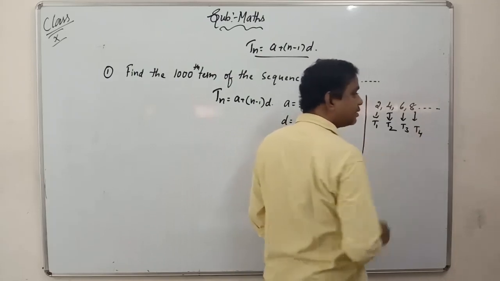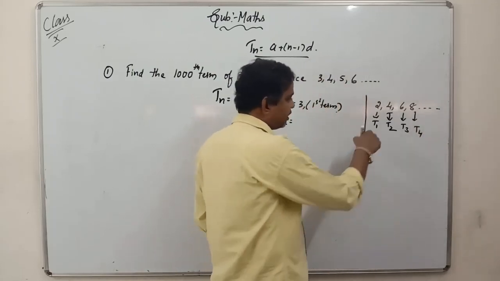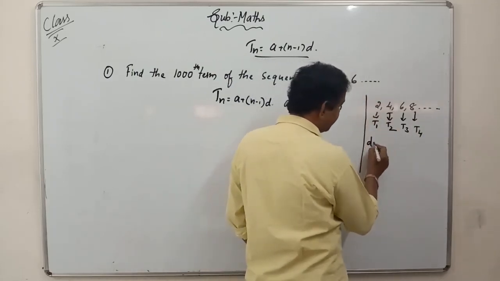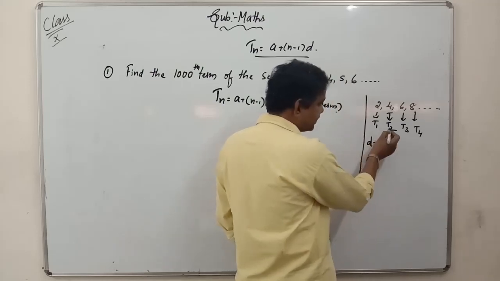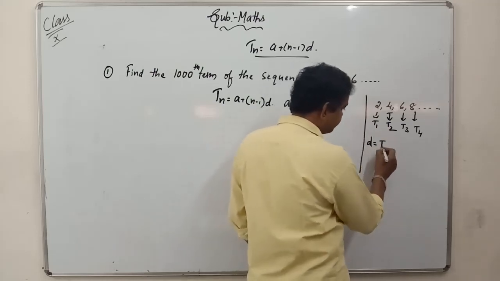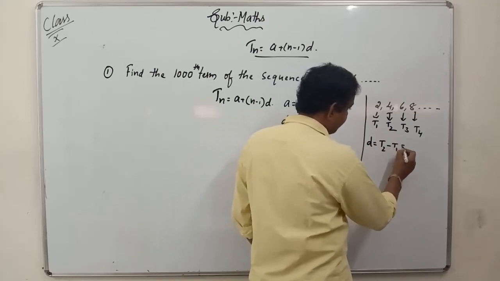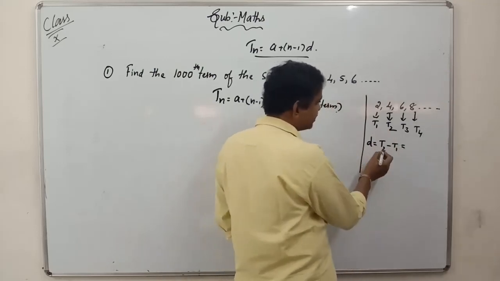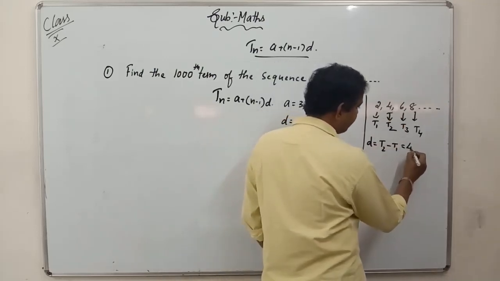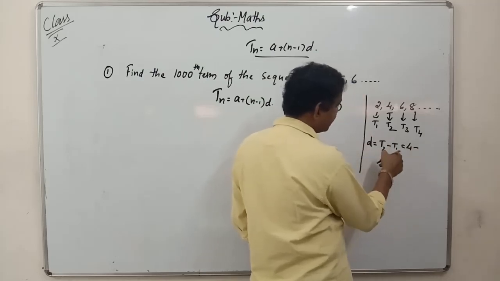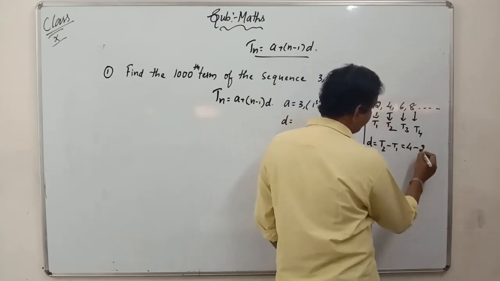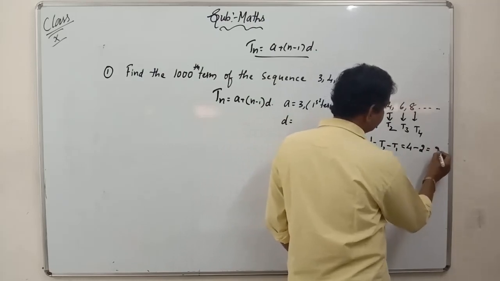See how we will get d here. d equals T2 minus T1. What is T2? T2 is 4. Minus, what is T1? T1 is 2. 4 minus 2 is 2.